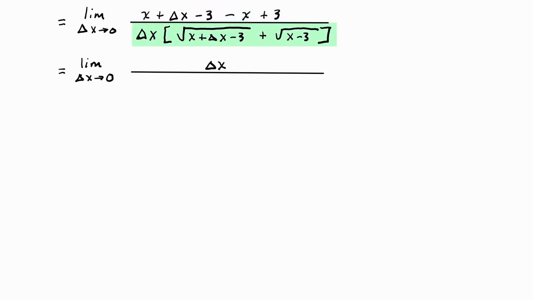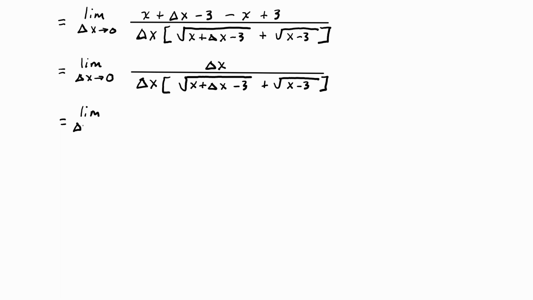Nothing has changed in the denominator, so we still have delta x times the quantity square root of x plus delta x minus 3 plus square root of x minus 3. Bring down the equal sign, limit as delta x goes to 0.